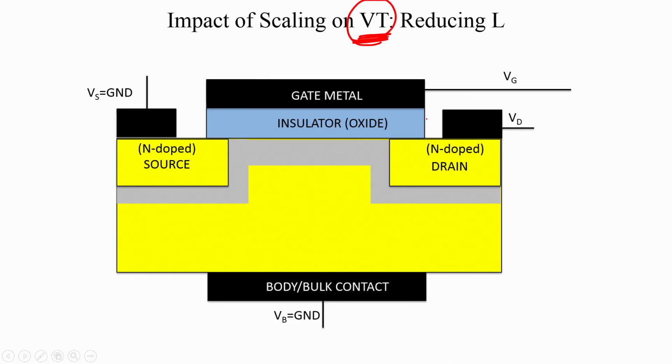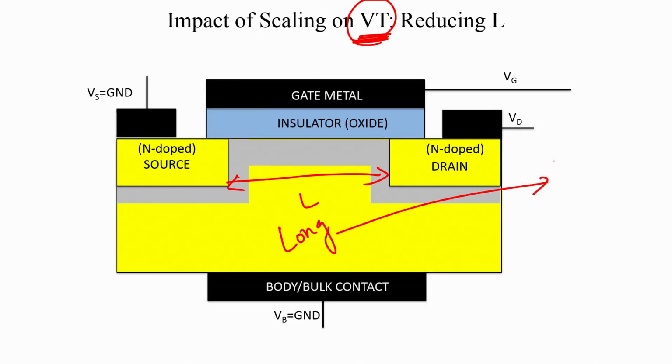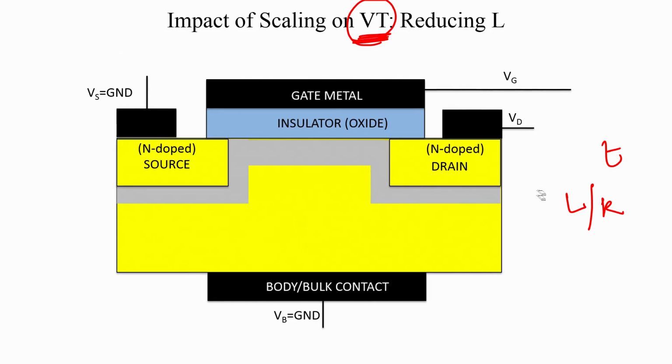What we are going to do is start with a regular long channel device, and then head towards a short channel device, which is the scaled down version, and see what happens to the threshold voltage. Sorry, I am probably getting too used to saying these terms, and I am making mistakes, but nevertheless let us just carry on.